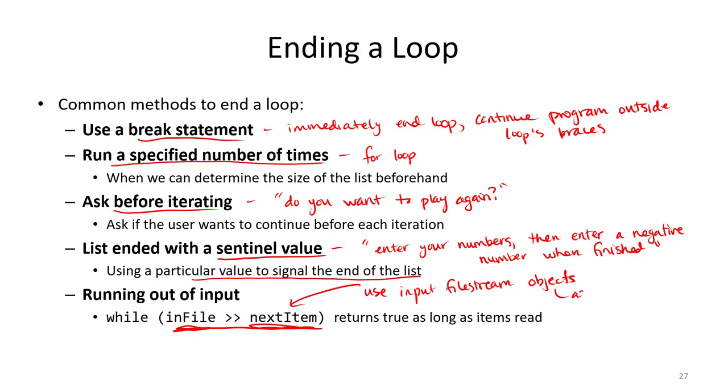So as long as something was read from the file, then we return true. So this is a really effective way to keep running your loop, keep reading your data file until the file is empty. Once you've reached the end of the data file, your loop will stop. Let's go ahead and look at a few examples of each of these practices.